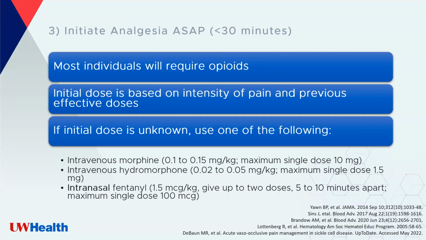But if the initial dose is unknown, you want to use one of the following regimens: IV morphine, intravenous hydromorphone, and also intranasal fentanyl. An important distinction for intranasal here, because this is what has been studied in acute pain crisis for our sickle cell disease patient population.